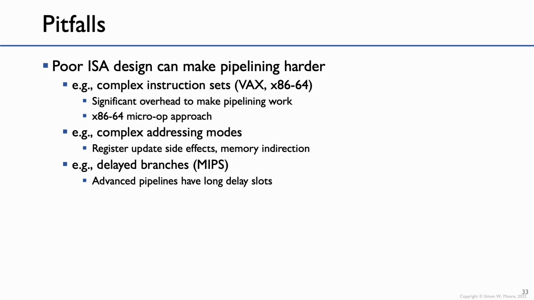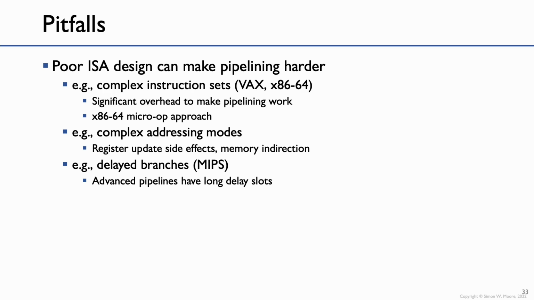Let's just talk about a few pitfalls. Poor instruction set architecture design can make pipelining really hard. So complex instruction sets, so there are old machines like the VAX, but also things that are used today. I've talked about x86 in particular. PCs and even current iMacs all use Intel or AMD processors, and they use the x86-64 instruction set architecture, which is very complicated.